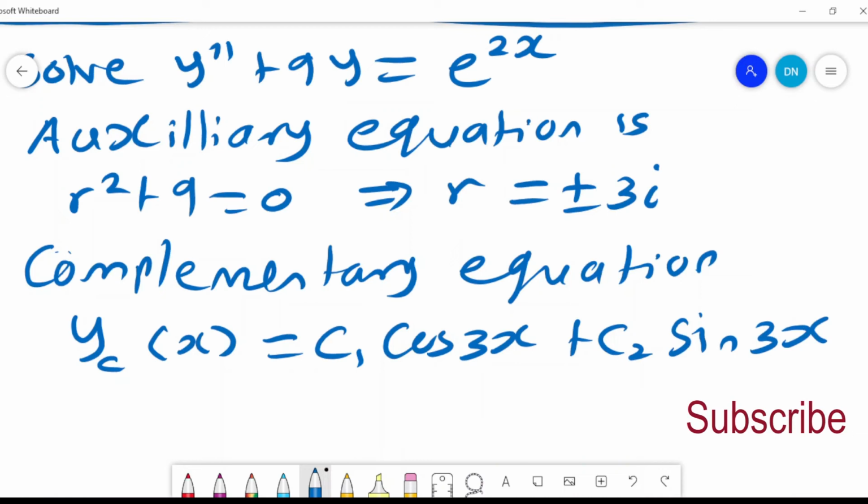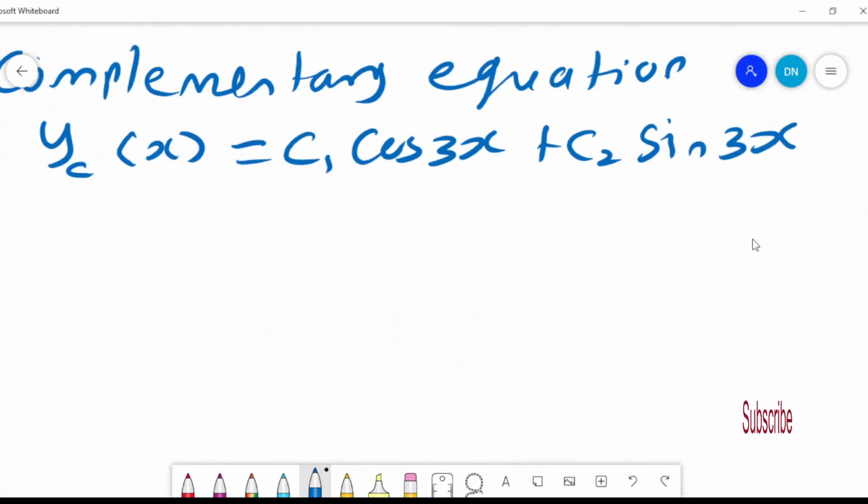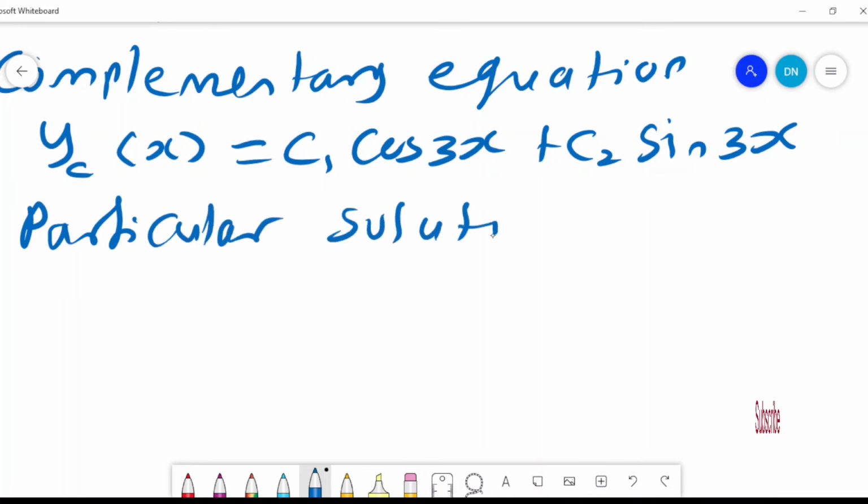So we have solved the first part, which is the homogeneous part. If it was a homogeneous equation, y double prime plus 9y is equal to 0, then this would have been the solution. But because it's non-homogeneous, we go to the next step and get what we call the particular solution. The particular solution will help us to solve the non-homogeneous part of that problem.